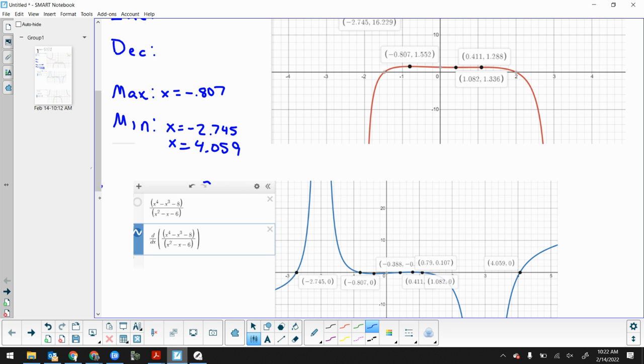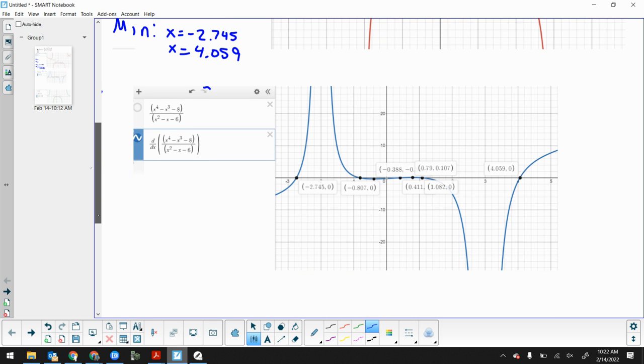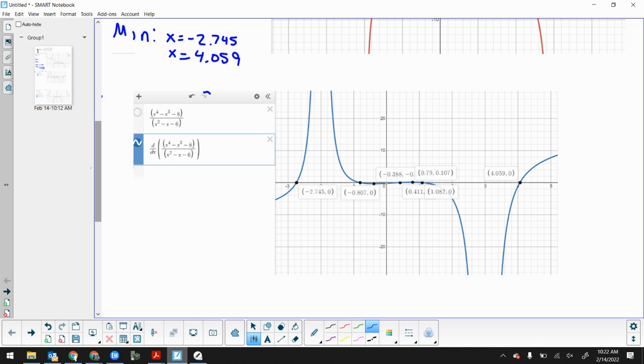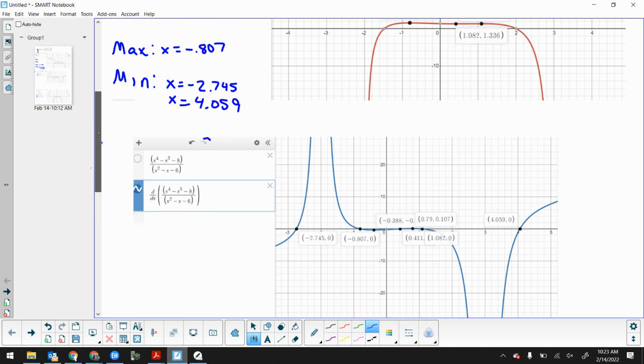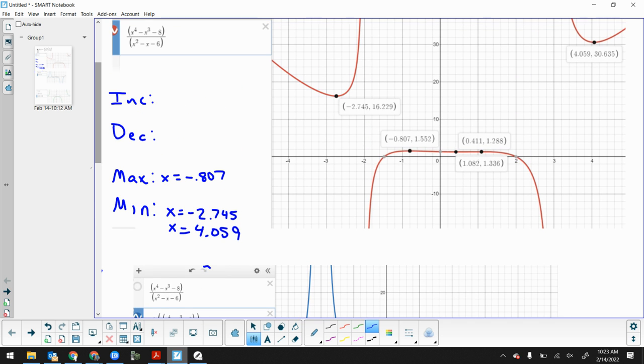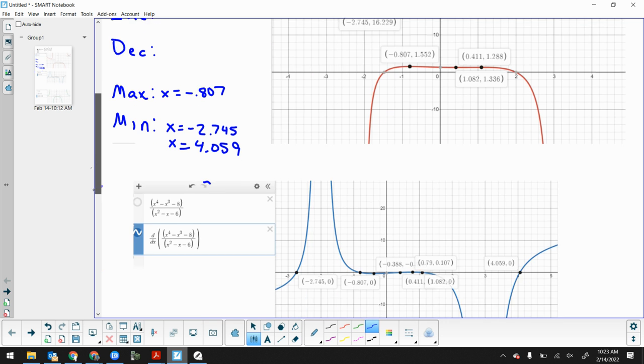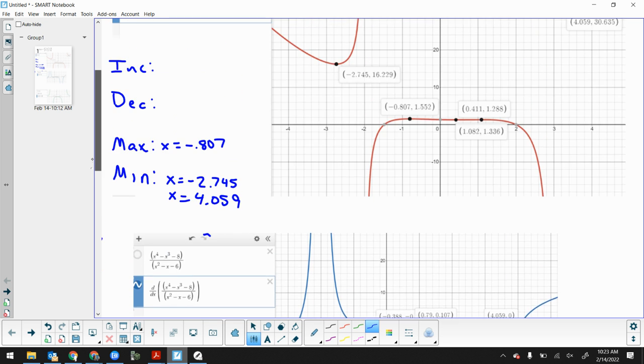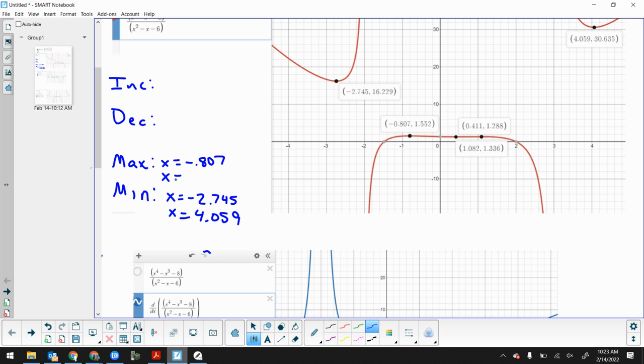Look, there it is. Now, where is there another x-intercept? Looks like there's another x-intercept right here at what is that, 0.411 there? Is that true? 0.411. Yeah, that's a maximum value. Okay. Or is that a minimum?